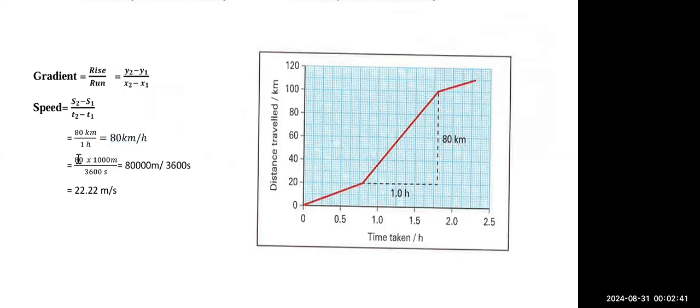If you want to convert to meter per second, then the value of kilo is 1000. In 1 hour we have 3600 seconds. So you have to divide these terms, and you will get 22.22 meter per second. It means your train is covering 22.22 meter in 1 second.